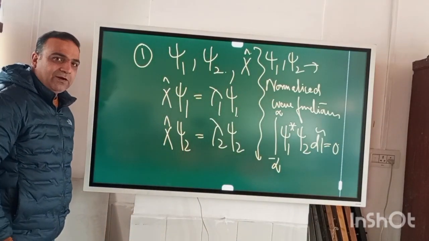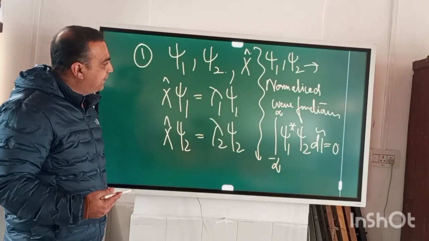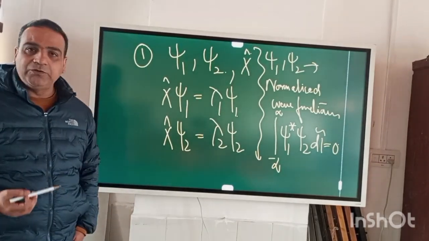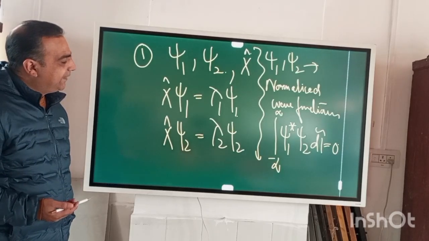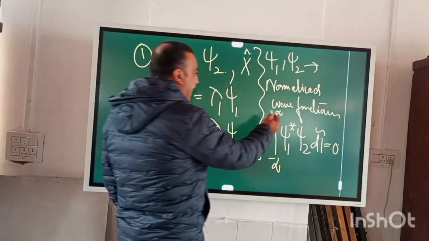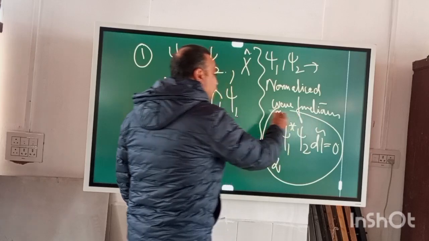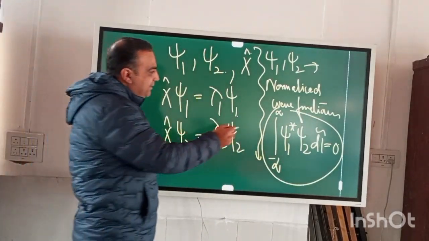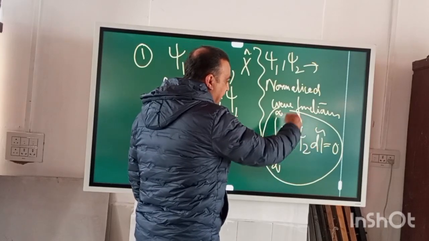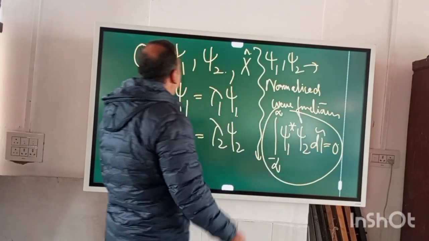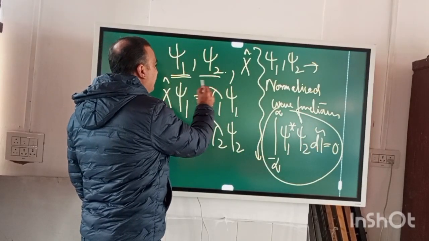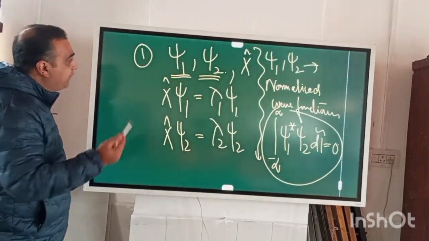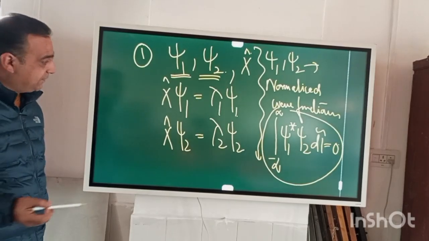So this is our target: to prove that the normalized wave functions psi1 and psi2 are orthogonal to each other.